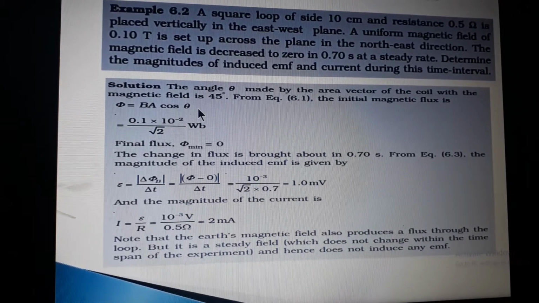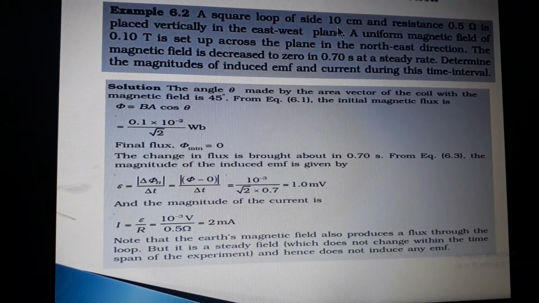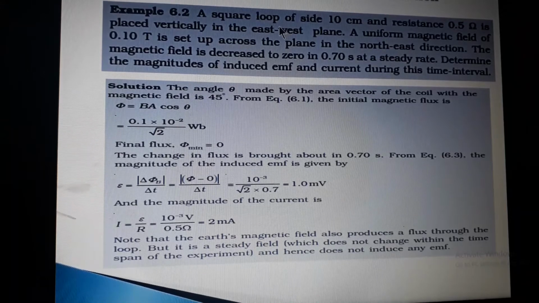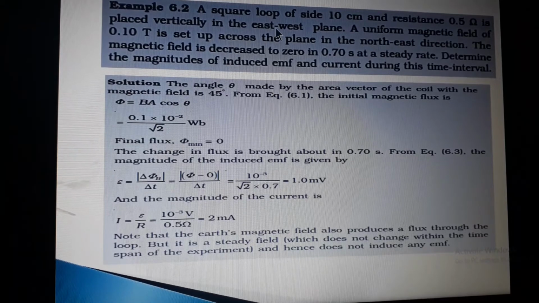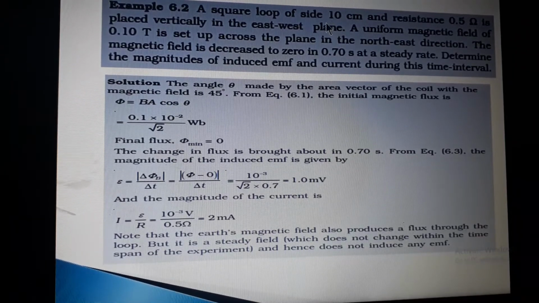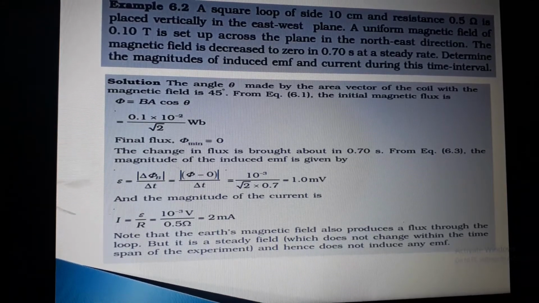So BA cos θ: the value of B is given, B = 0.1 Tesla. Now how can you find out the area? The area means the area of the square loop, which is 10 into 10, that is 100 centimeter square. But first of all you have to convert this centimeter into meter.